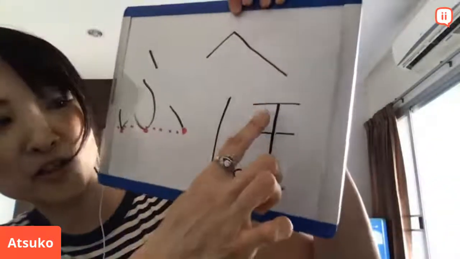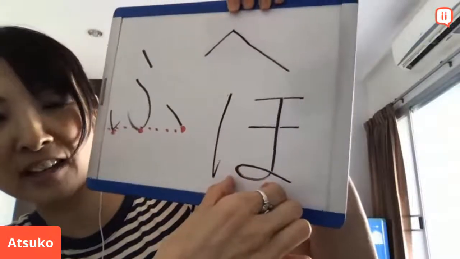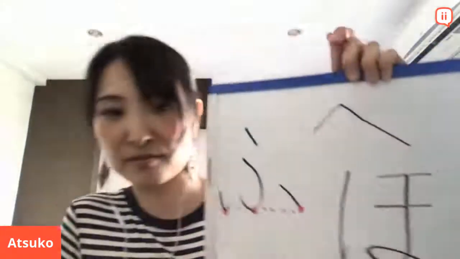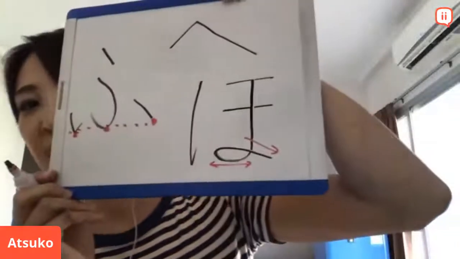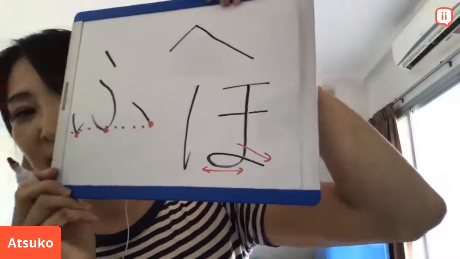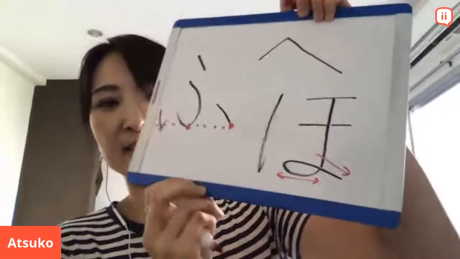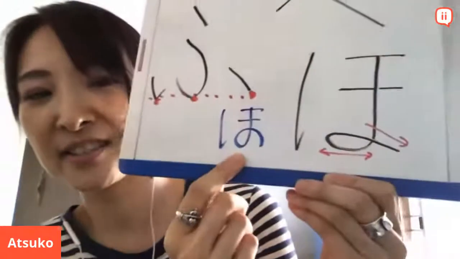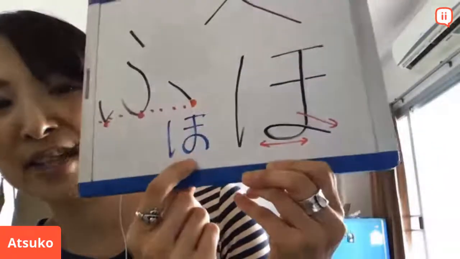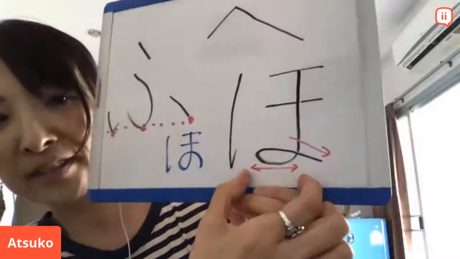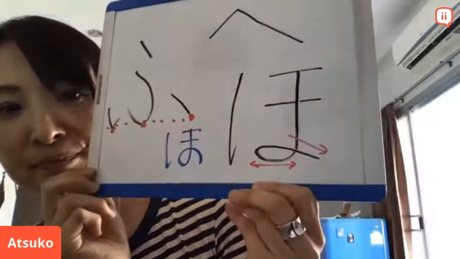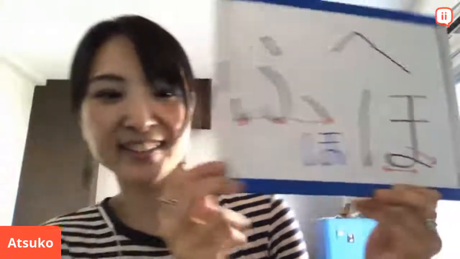Go straight down, wide loop again, like ha, and go straight down. Like this. Again, I'll show you a bad example. You can see it's different, right? This is a bad example. The loop should be wide and go straight down.